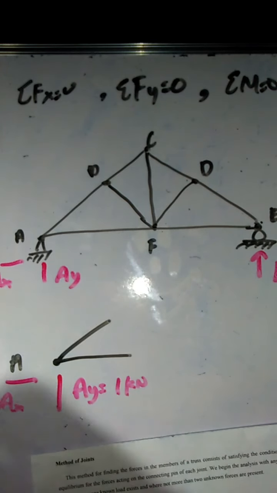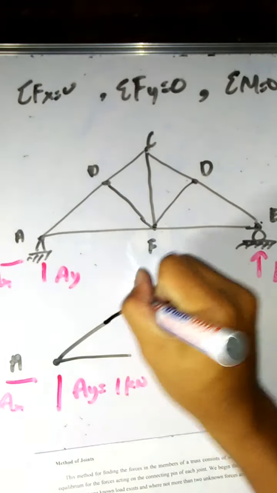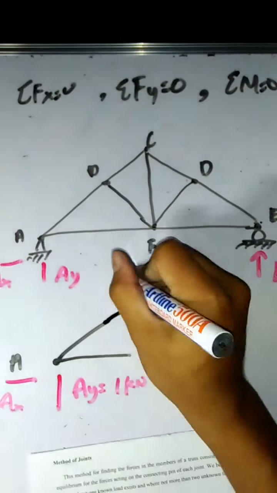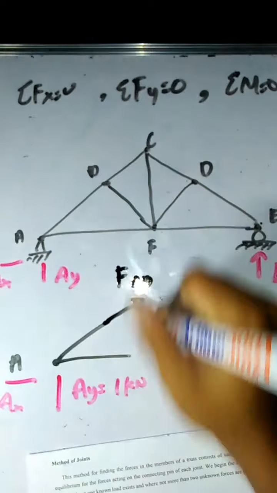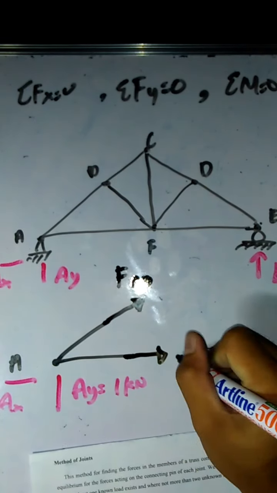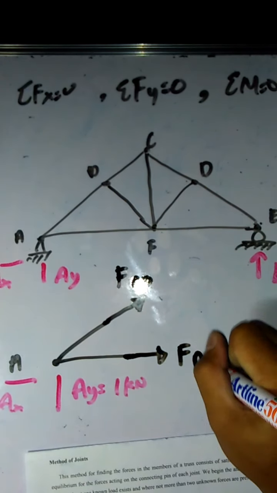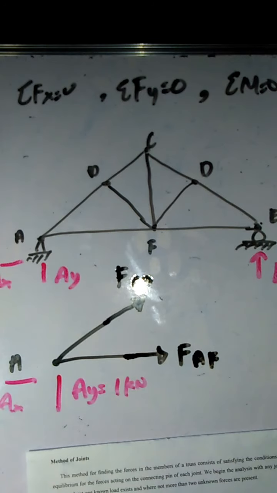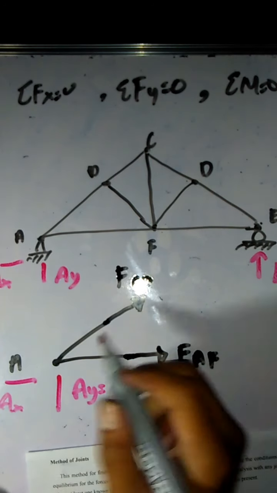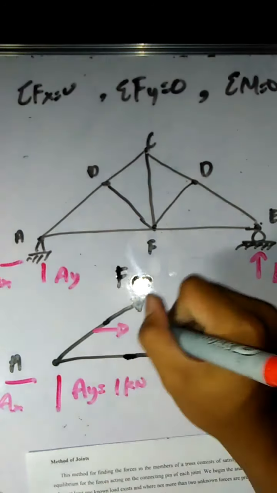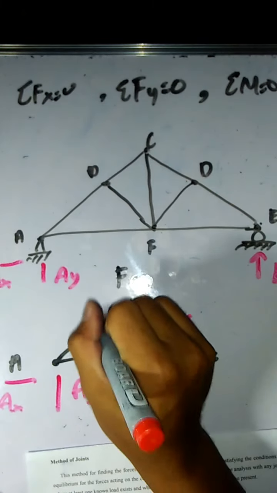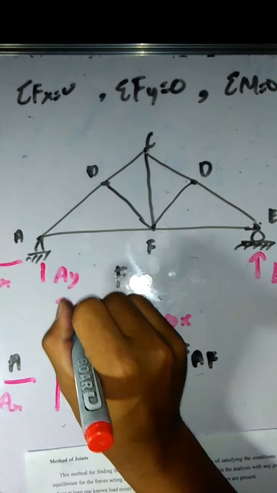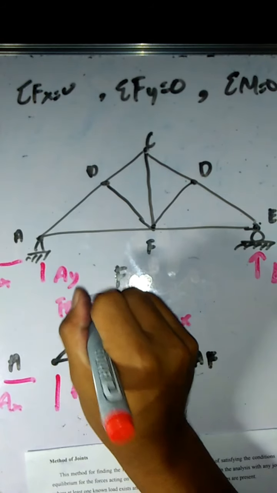So, if we are to see this one, for example, this is force AB, and this is force AF. Tapos, ito is i-breakdown natin sa components nito in which FABX and FABY.